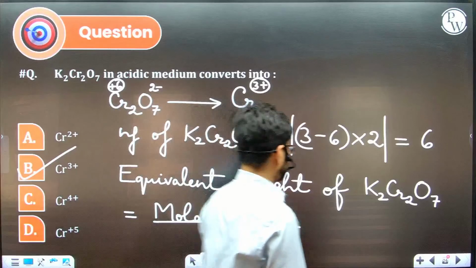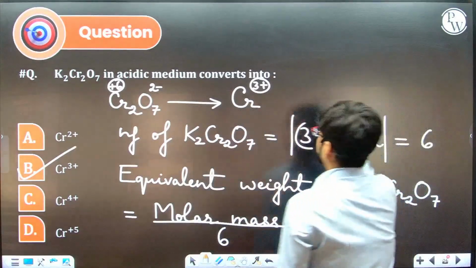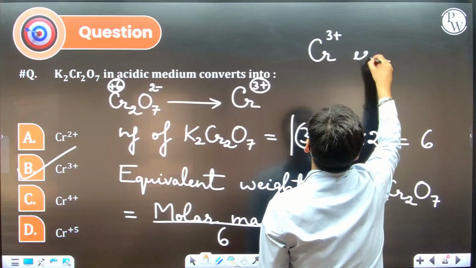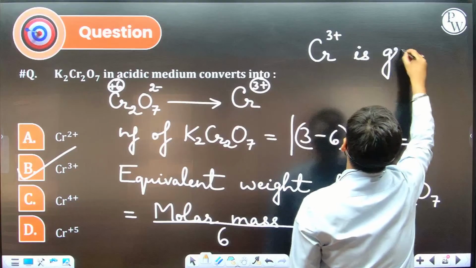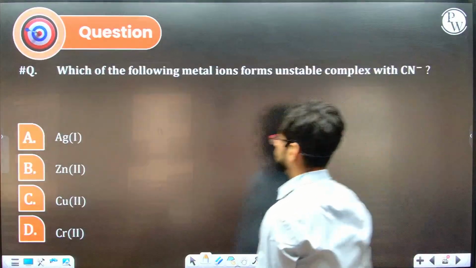Very important concept. Okay, another thing is Cr3 plus is green. Next question.